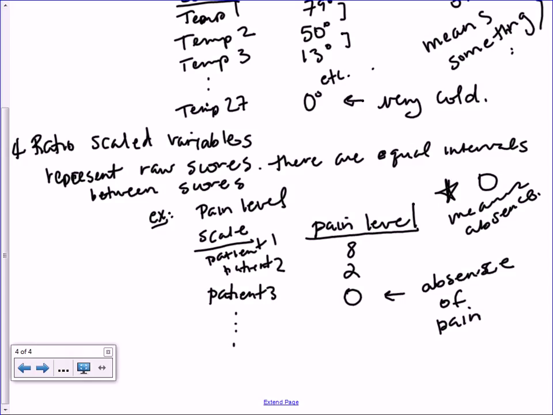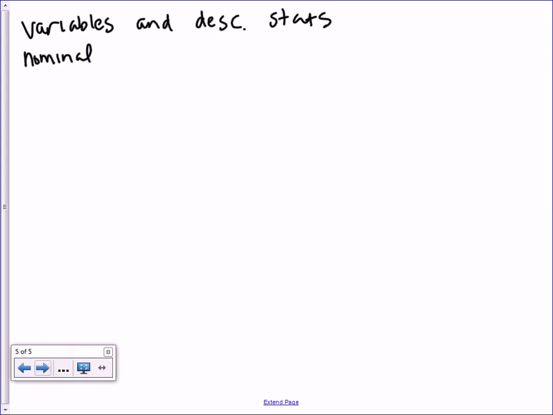So those are the 4 types of variables, and with those 4 types of variables, when we talk about the descriptive statistics, we talk about the first 2, nominal and ordinal, and then we talk about the second 2, interval and ratio.